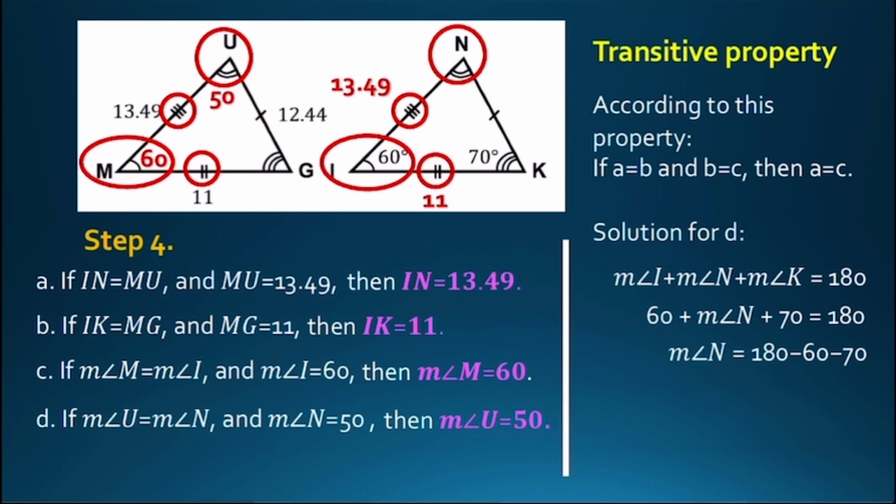And then from positive 70, it will become negative 70, or in terms of operation, minus 70. Therefore, the degree measure of angle N is 50 degrees. Since the degree measure of angle N is equal to 50, then the degree measure of angle U is 50.